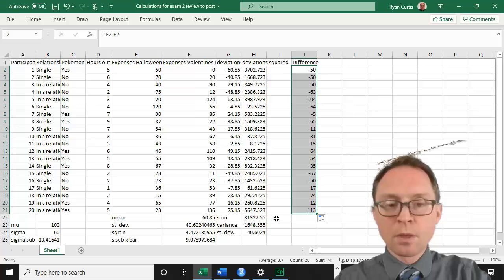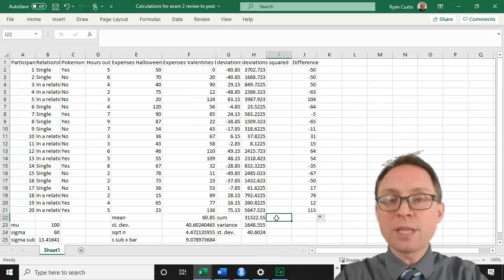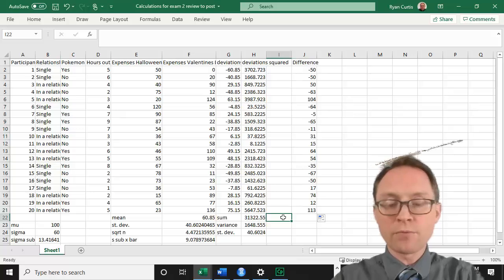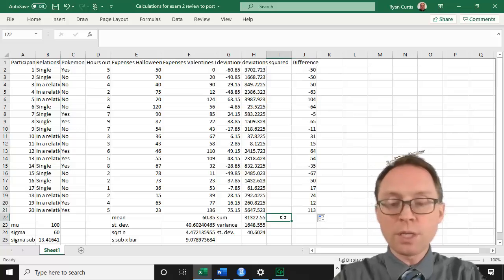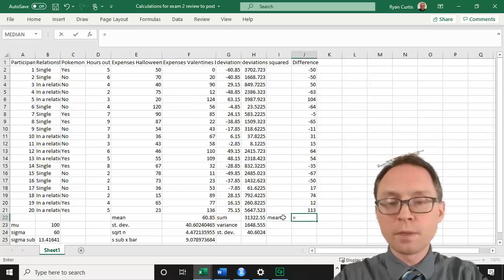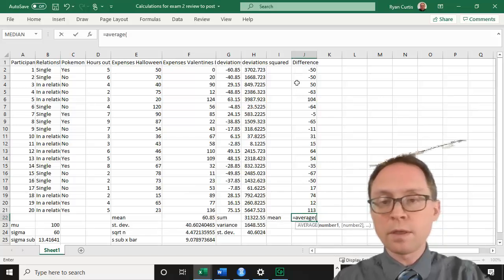Now I need D bar, and D bar is the average of the differences. It's not the means; that's not what we're looking for. We're looking for D bar. So we need to get the mean, which is the average of all of these.